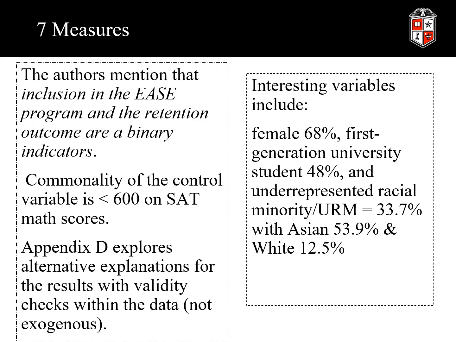Interesting variables include that this freshman class is 68% female, 48% first-generation university students, 33.7% underrepresented racial minority, 53% Asian, and 12% white.